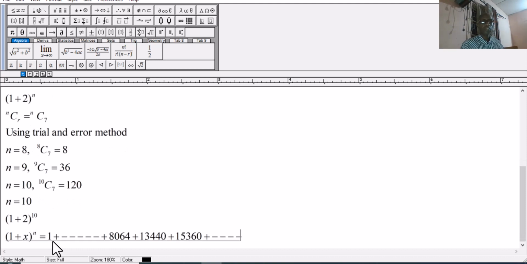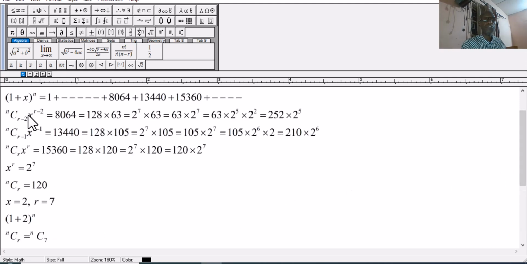So try and do the expansion. You can put these values into this particular equation. Let me copy this so that you see what I'm talking about. So you can just put these values and see what you will get.